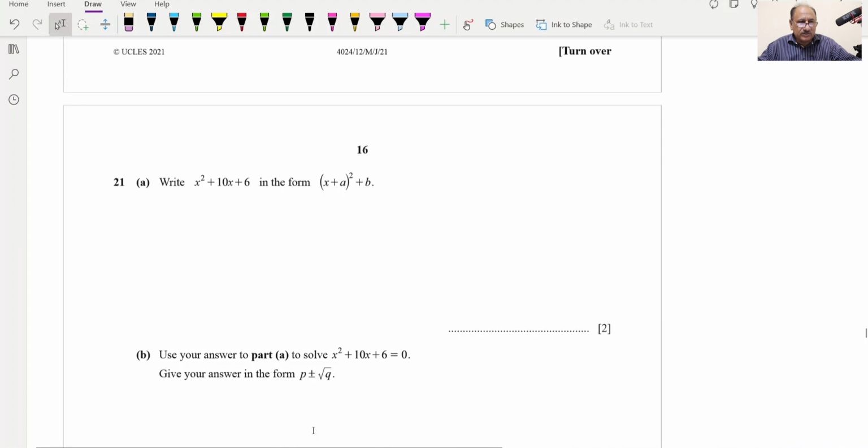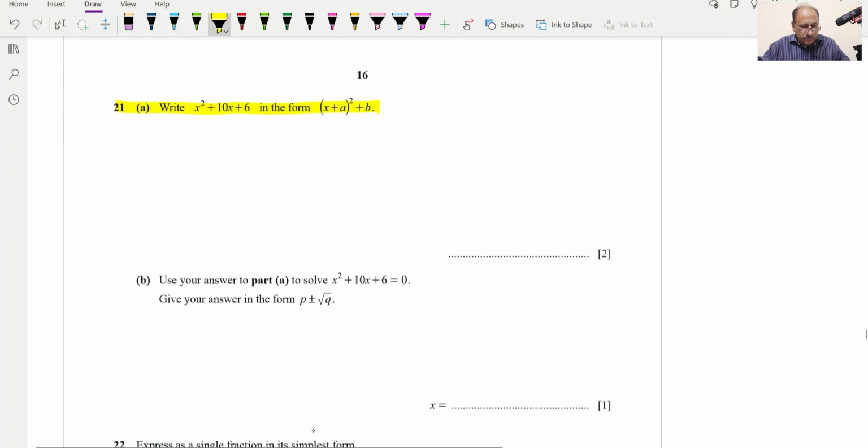Question 21 says, write this one in this format, completing square, basically. So what we can do, we can complete the square, and the method is we will be writing x, then whatever the coefficient of x is, we will be writing this one as 2, and keep in mind this sign is a copied sign. If this is plus, we are writing plus over here.